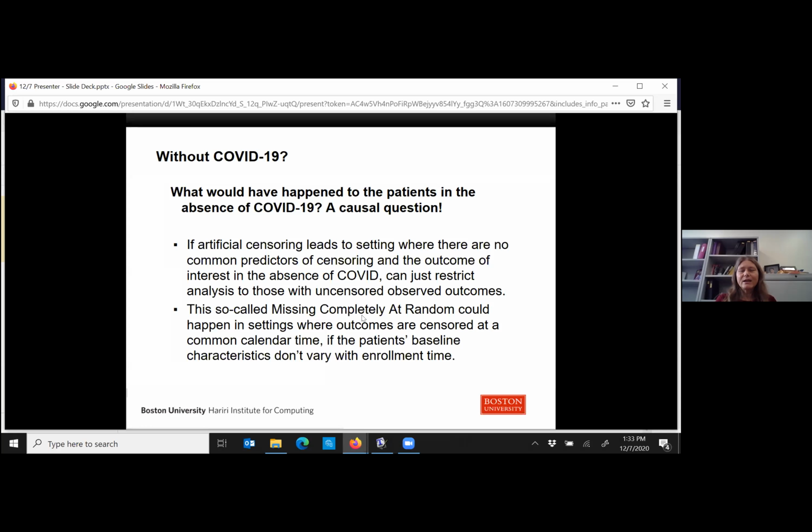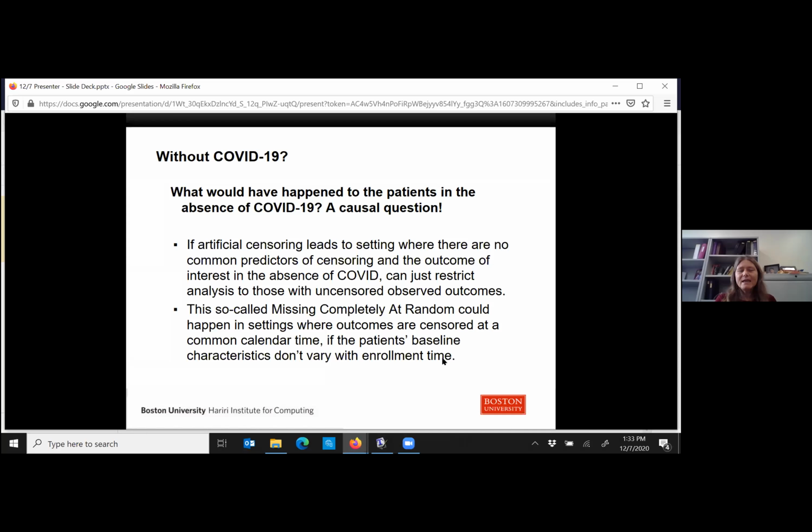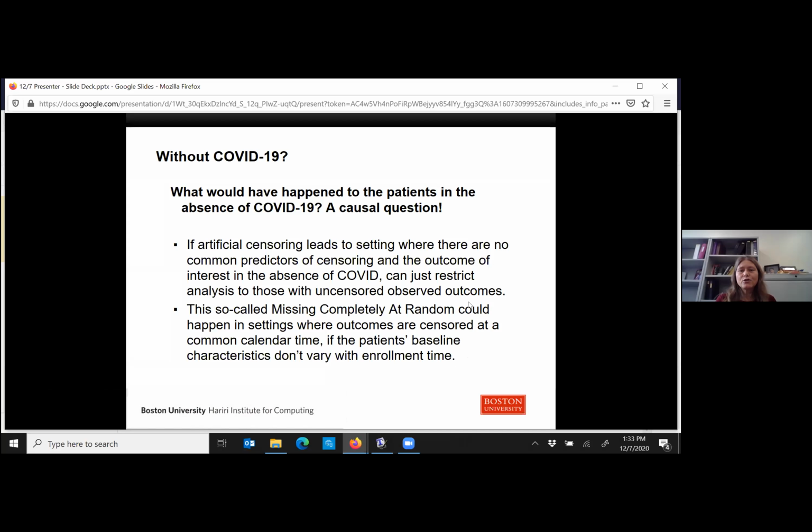This setting, where there are no common predictors of censoring and the outcome of interest, could happen in settings where the outcomes are censored for COVID-19 at a common calendar time. That is, if the patients' baseline characteristics don't vary with the enrollment time. In such a setting, IPCW does exactly this. It just restricts the analysis to those with uncensored observed outcomes.